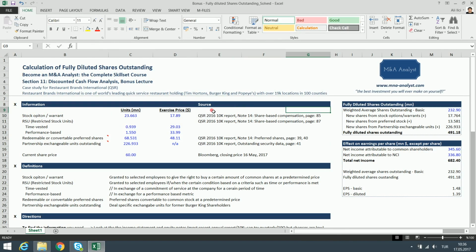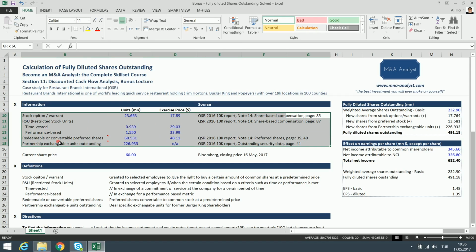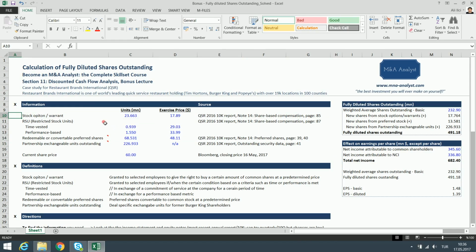So you can go to the Investor Relations page of Restaurant Brands International and check these sources and see the data yourself. It's a good example, I think. It's a good practice, so you would know how the data looks like. It doesn't look like it looks like here, so it's a useful practice.